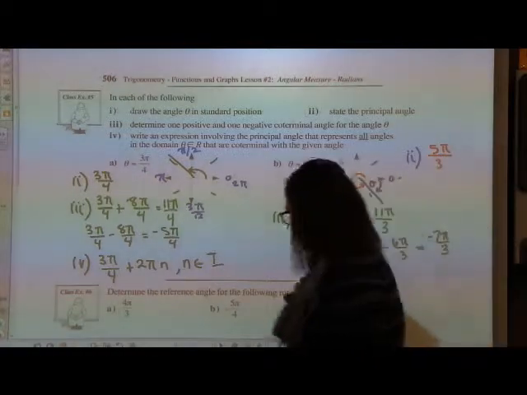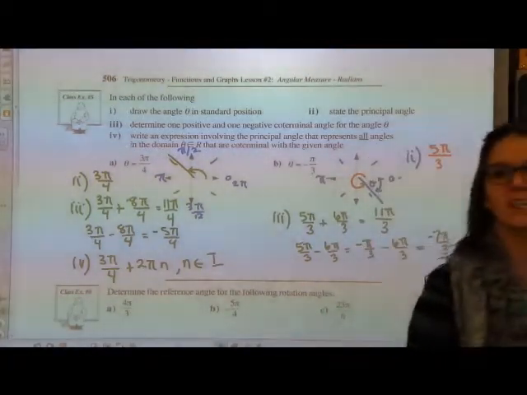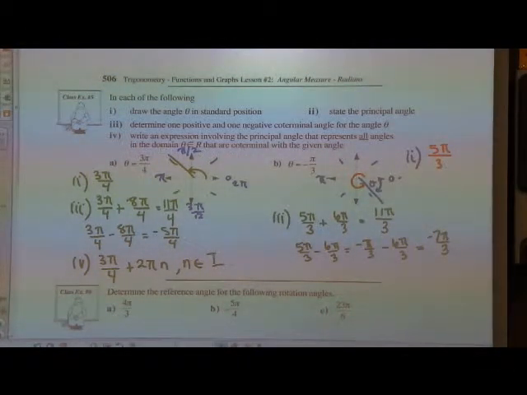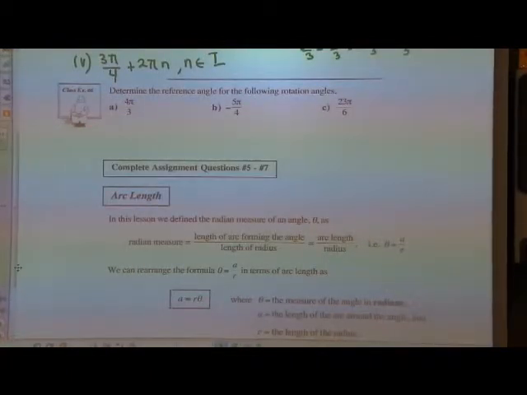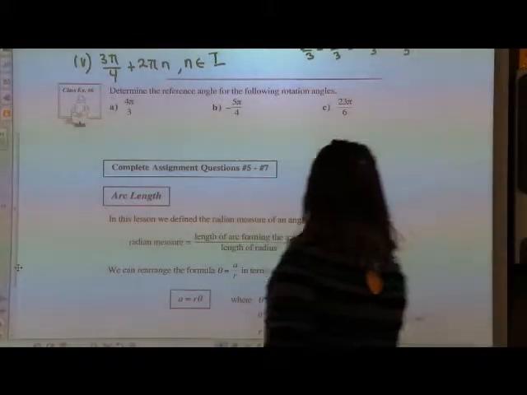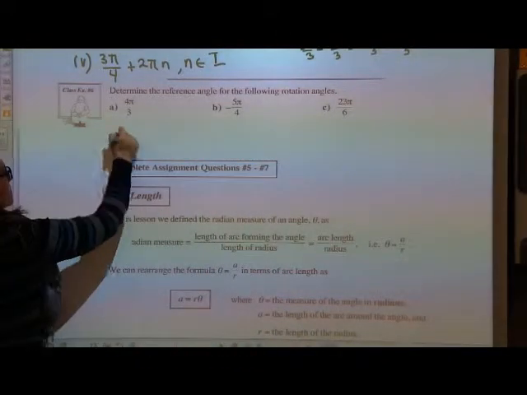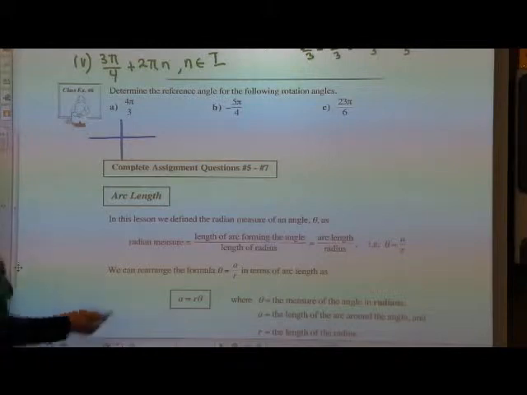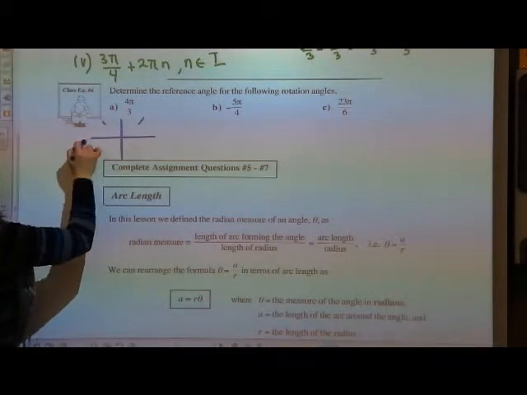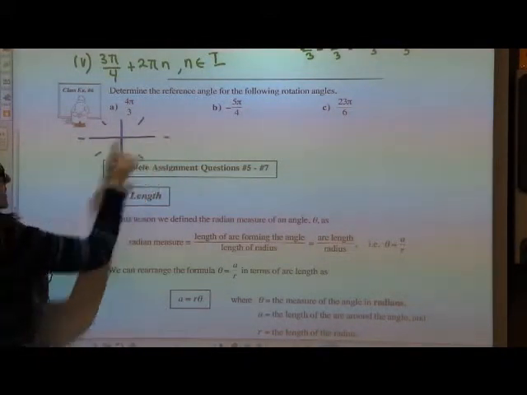Look at question 6a. Sketch it and see if you can determine what the reference angle would be, given what we know about reference angles. 4 pi over 3. I find it easier to sketch these than to rely on the chart, because if I can't remember that chart, then I'm stuck. So if I sketch 4 pi over 3, it means 1, 2, 3, 4, 5, 6.